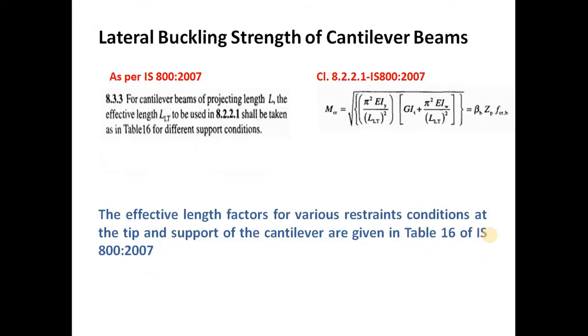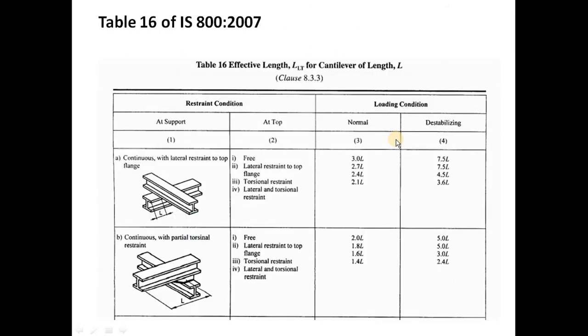Now in the case of cantilever beams, there is some change in the formula, not exactly a major change, only the slenderness ratio or the effective length will change. So this is the formula which will give you the elastic critical moment for cantilever beams. Now how to find this effective length is given by Table 16 of IS 800-2007. Let me explain one row here.